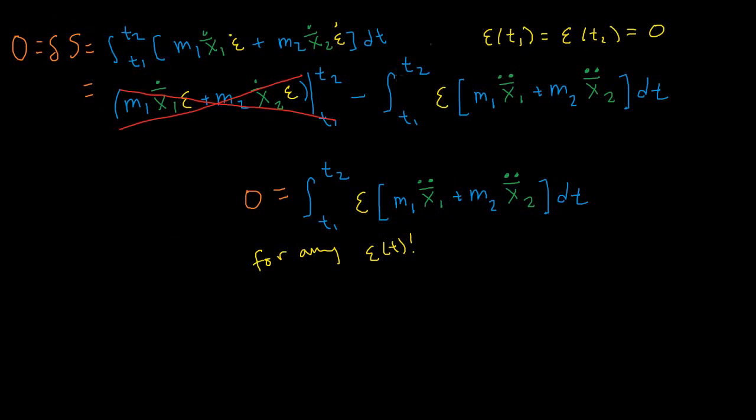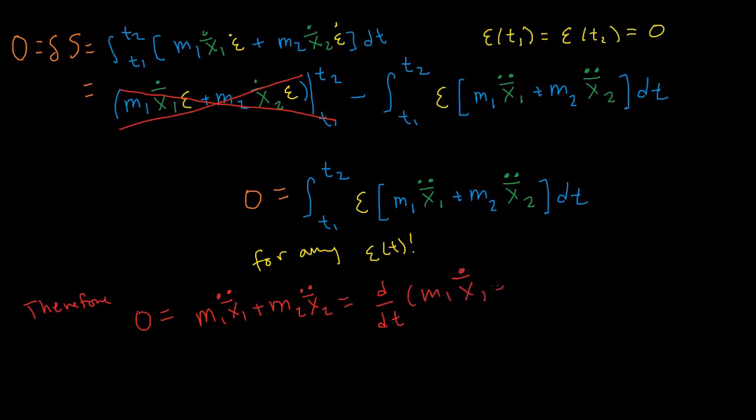So therefore, we have shown, therefore, 0 equals m1 times x1 bar double dot plus m2 times x2 bar double dot, and this is just equal to d dt of m1 x1 bar dot plus m2 x2 bar dot, which is just equal to the time derivative of our total momentum p.